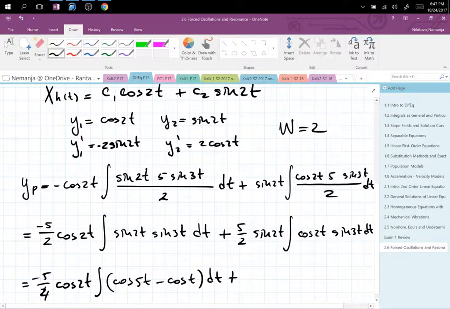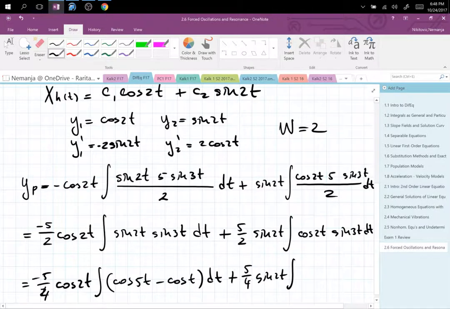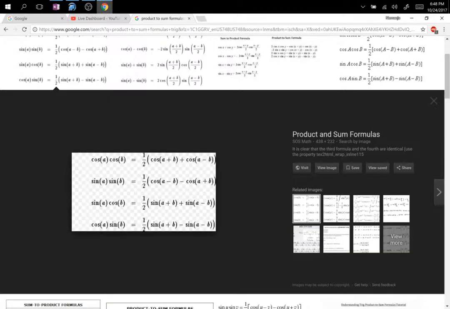Plus cosine sine. It's also going to be 5/4 sine 2t integral. These halves change into quarters because all of our formulas have 1/2 in front, right? So I need the cosine and then sine. So cosine times sine is sine plus, sine minus.